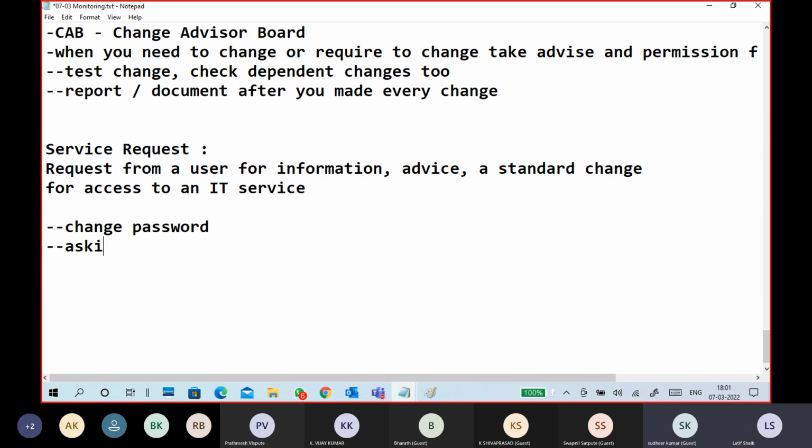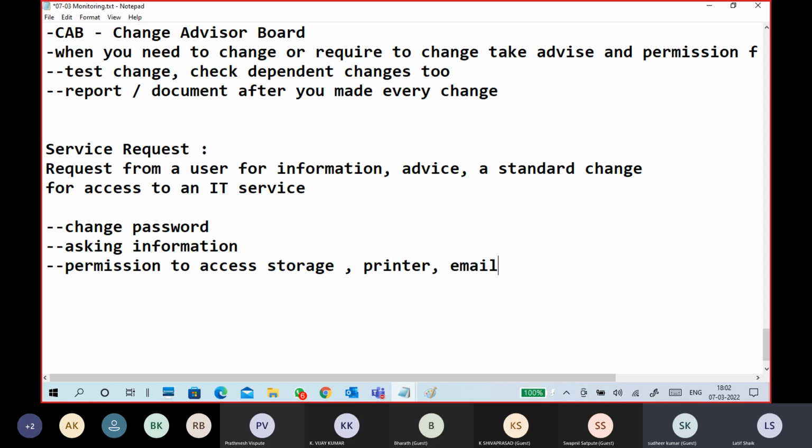You are asking information or a permission, access, permission to access storage, for example, or a printer or email, VPN. So for a service request, you are asking information.